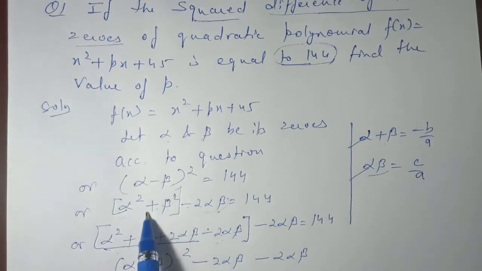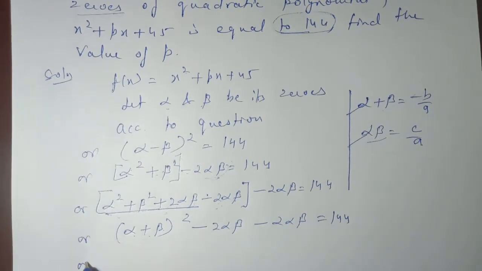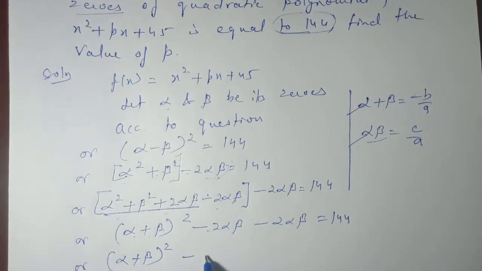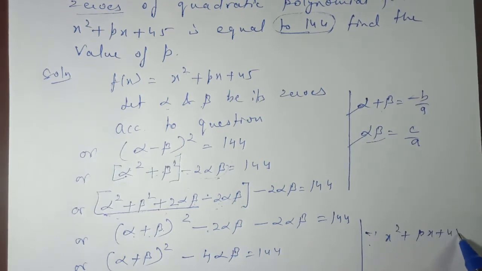This condition has been changed into the sum and product of zeros. So first, this gives (alpha + beta)² minus 4 alpha beta equal to 144. Now the quadratic polynomial we have is x² + px + 45.